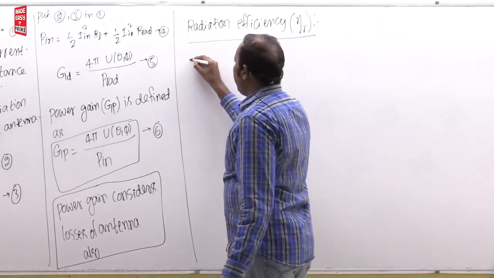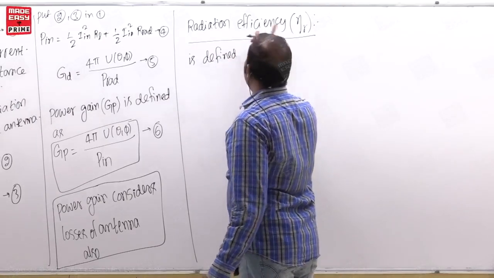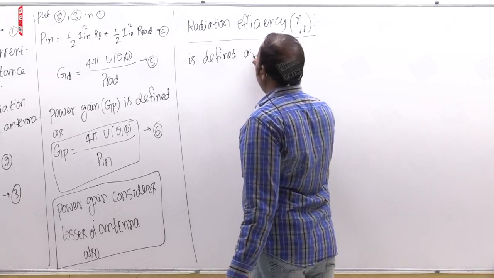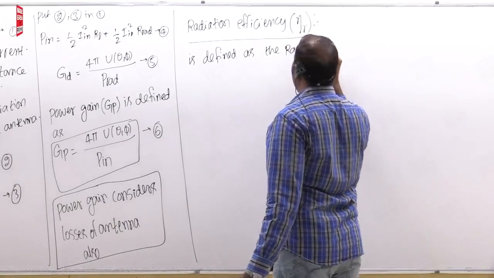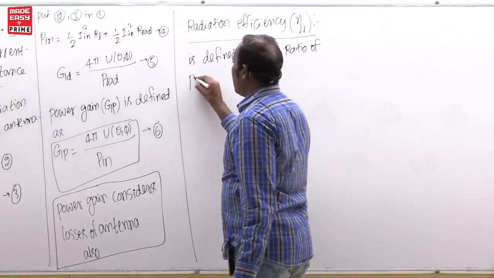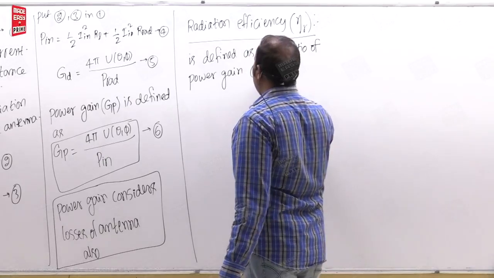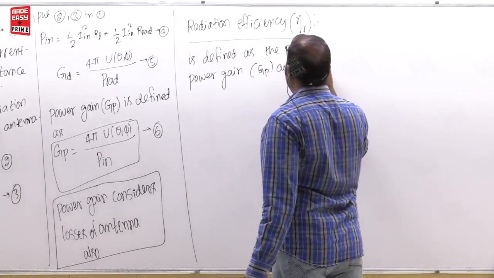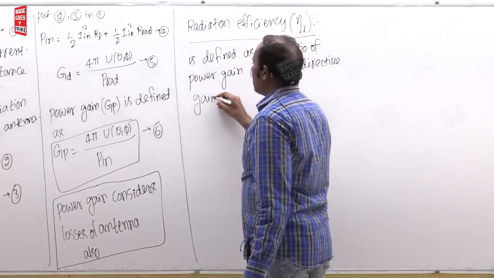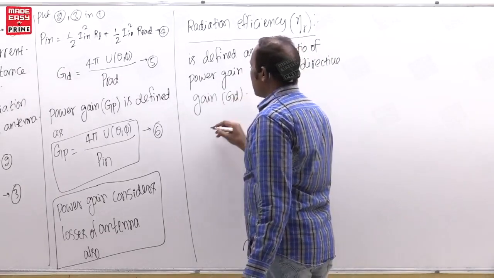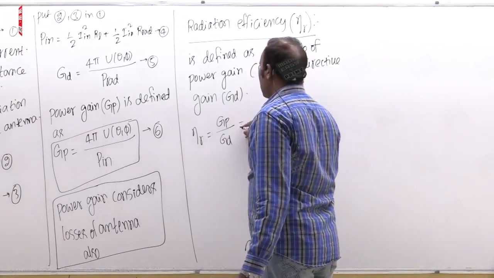Radiation efficiency is defined as the ratio of power gain and directive gain, that is G_D. So eta R is equal to power gain divided by directive gain.